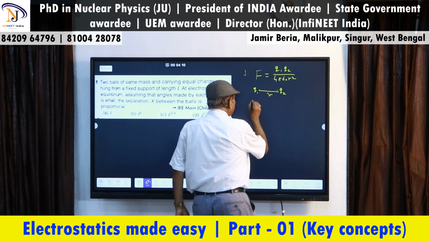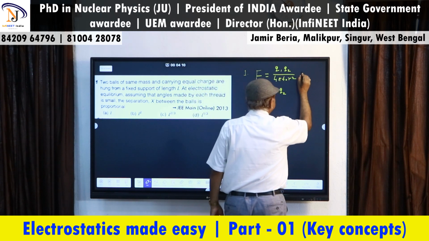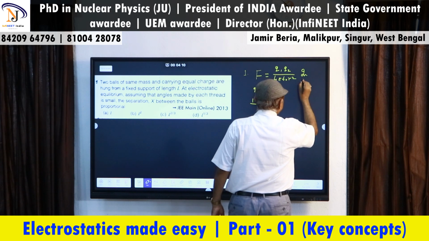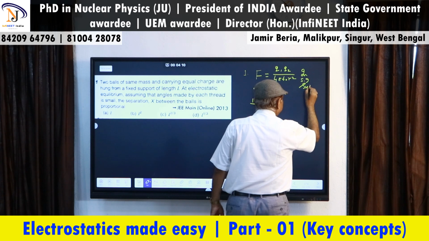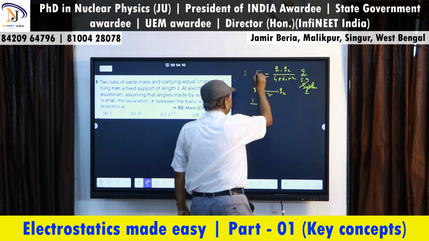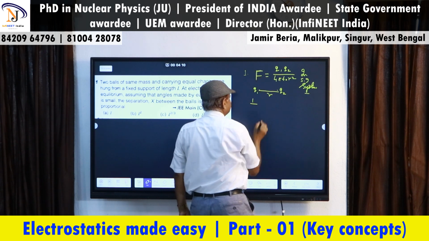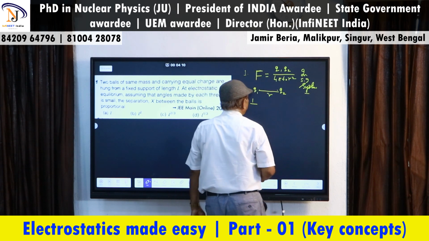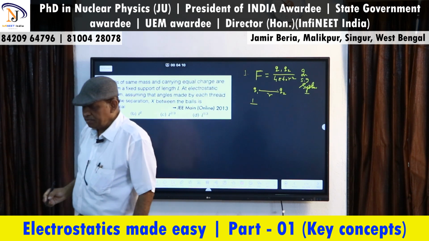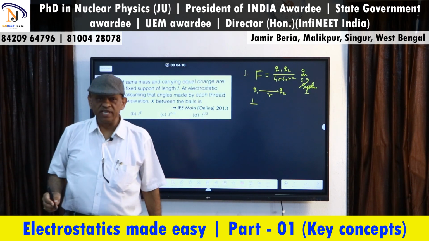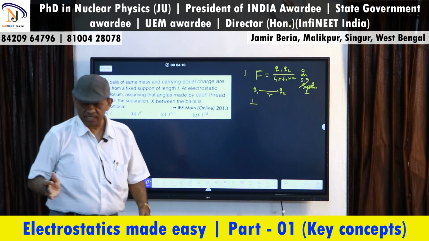In SI system we may write this formula. Okay, this is F, nothing but the force, force of either attraction or repulsion. You all know that similar charges repel each other and opposite charges attract each other.